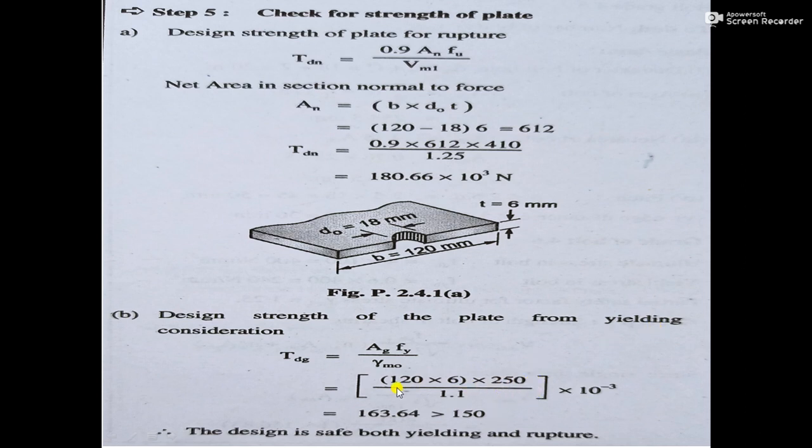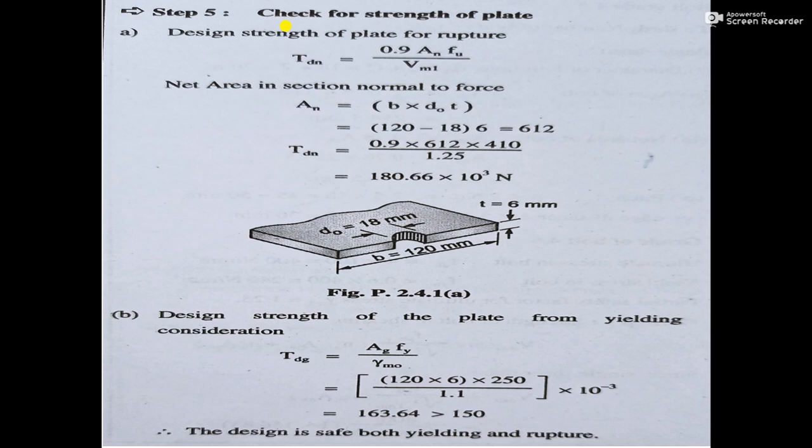The stress into area gives the force, Ag into fy upon 1.1, which gives 160.64, which is greater than the load of 150 kilonewton. So this plate is safe for carrying the load of 150 kilonewton.